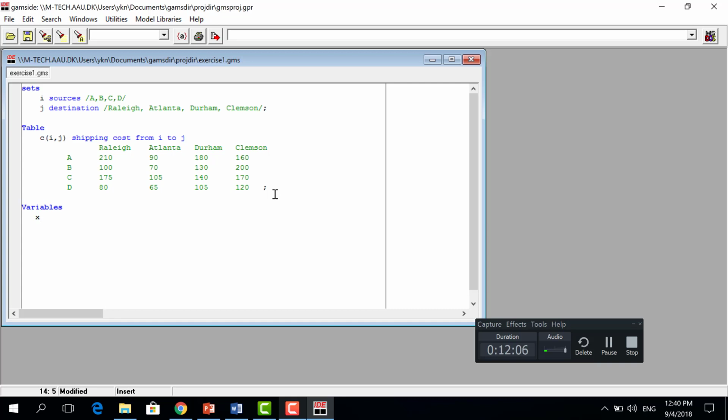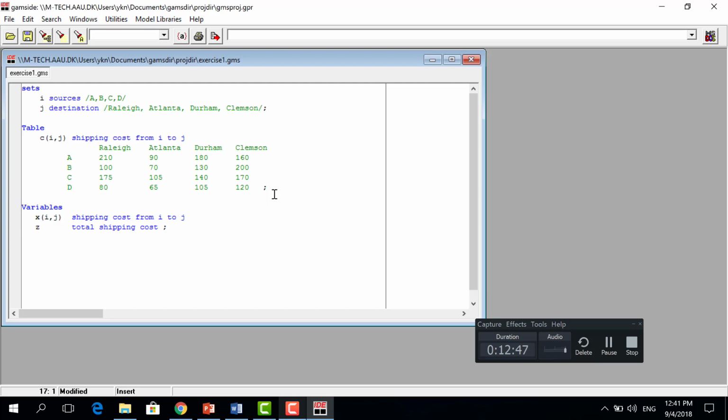We have x I comma j, which is the shipping cost from I to j. Is it correct? And now we also have z, which is the total shipping cost. And don't forget to put semicolon. We have sets, we have tables or parameters, and also we have variables.